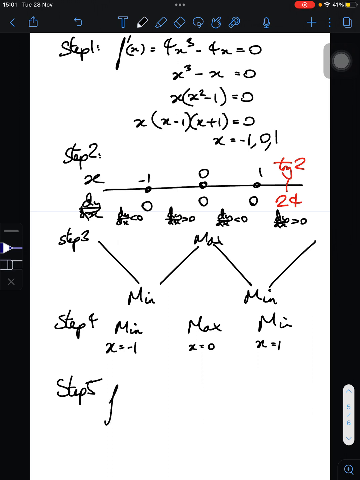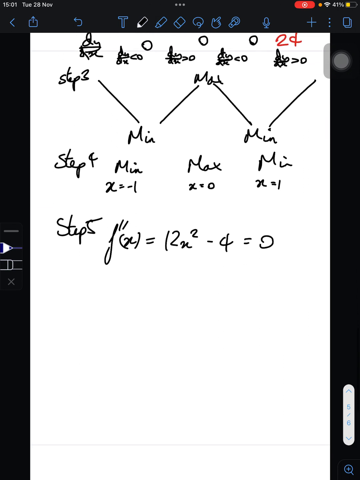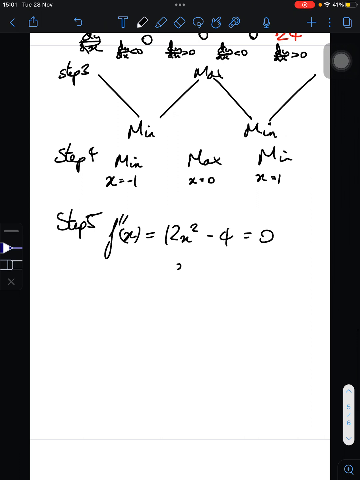So the double differential, f double dashed of x, is going to be 12x squared minus 4, and we want to set that equal to 0 to find our critical points or our inflection points. Oh, it's x squared. Sorry, not that nasty. x squared is going to be 1 over 3. x is going to be plus or minus 1 over the square root of 3.